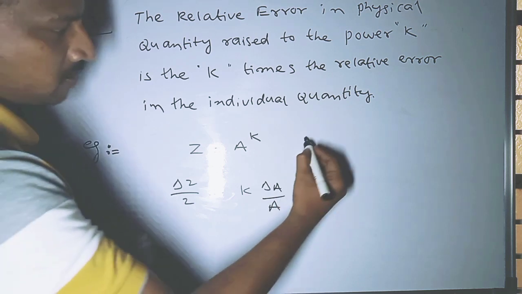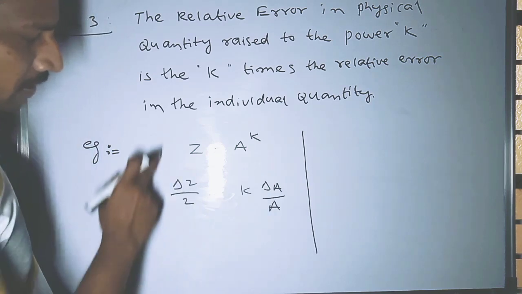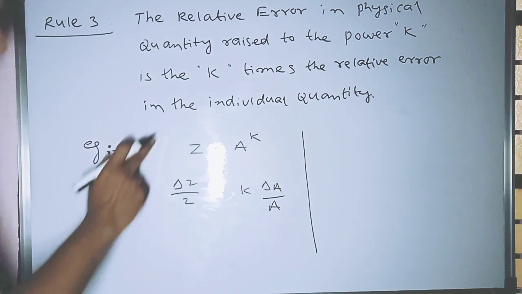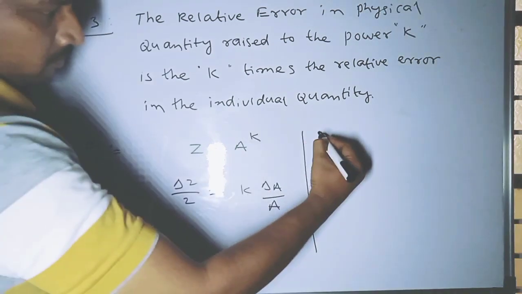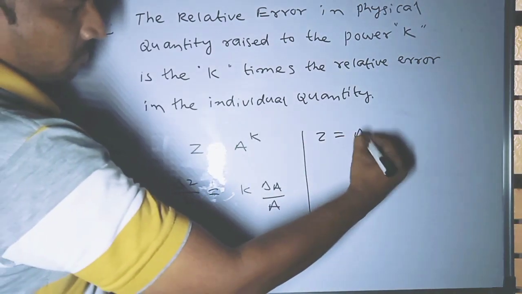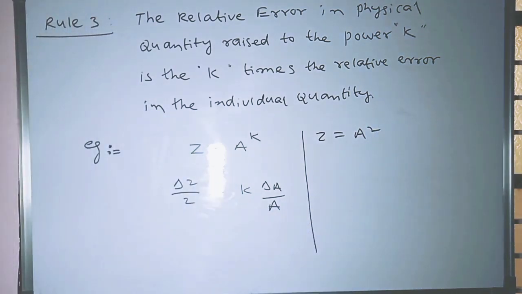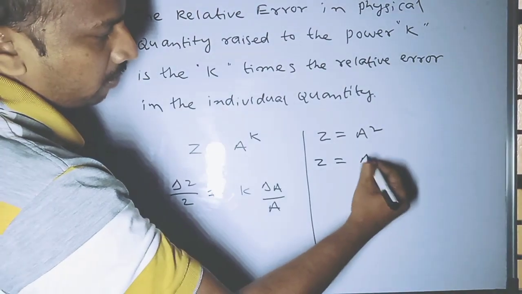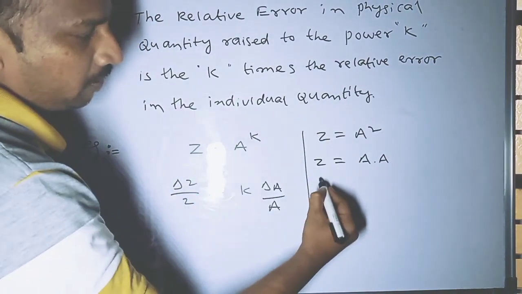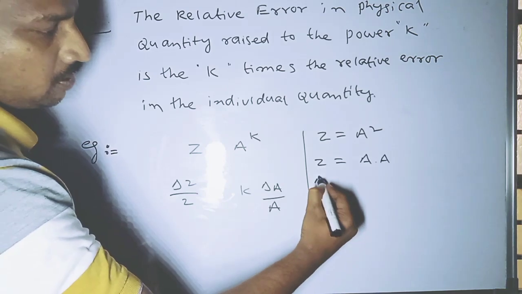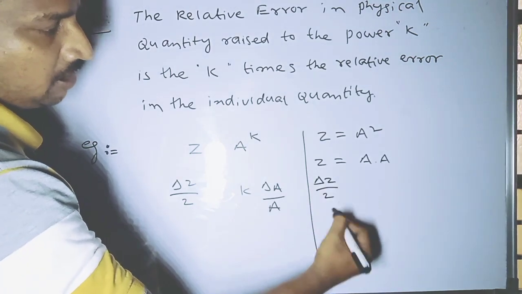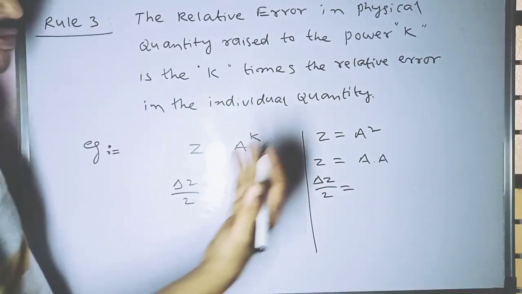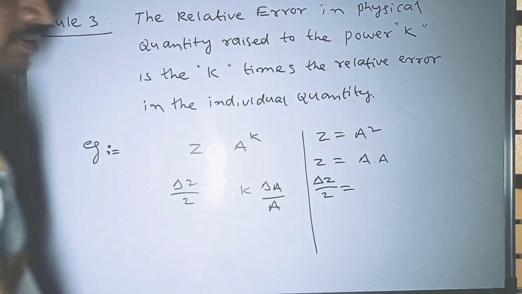So very simple rule. For example, how did it come? Z is equal to, I am writing a square now. For example, Z is equal to a square. According to the second rule, Z is equal to a into a. So how to write the relative error? Delta z by z is equal to a into a, so we go with addition.